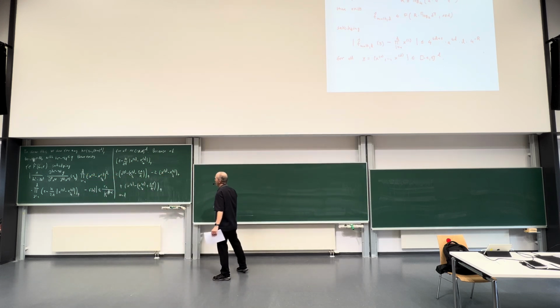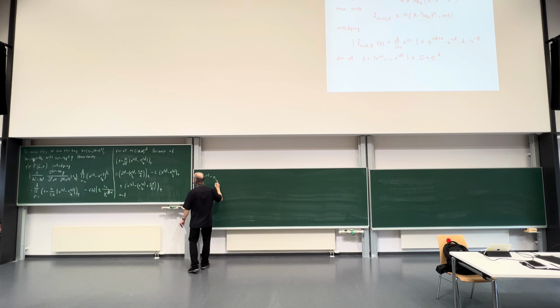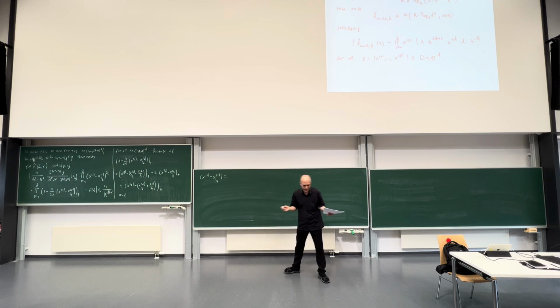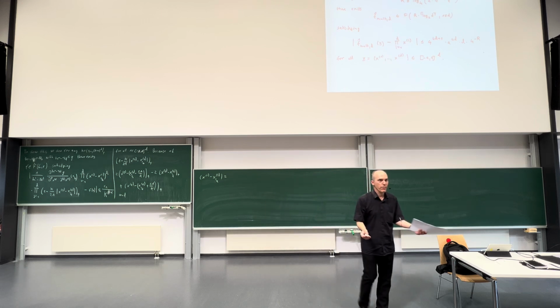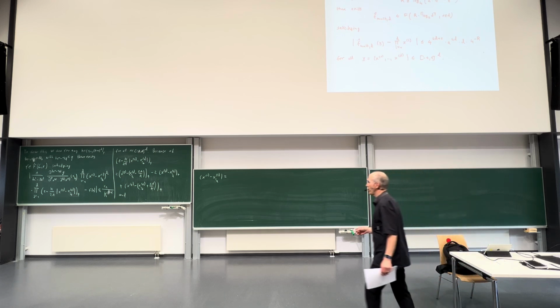So we just use that x_i minus x_{i,k}, that's equal to, any real number is equal to its positive part minus the positive part of the negative number.